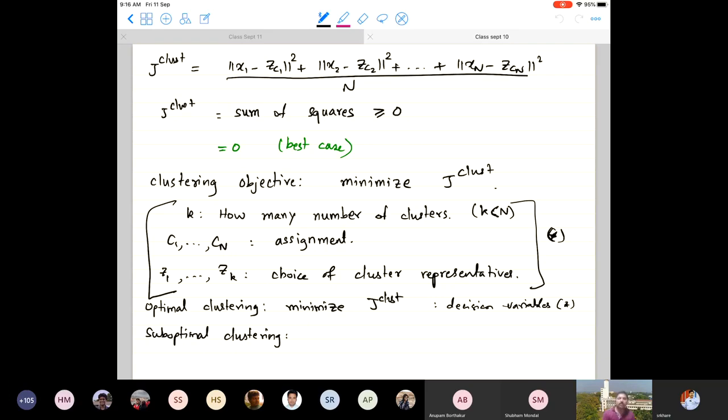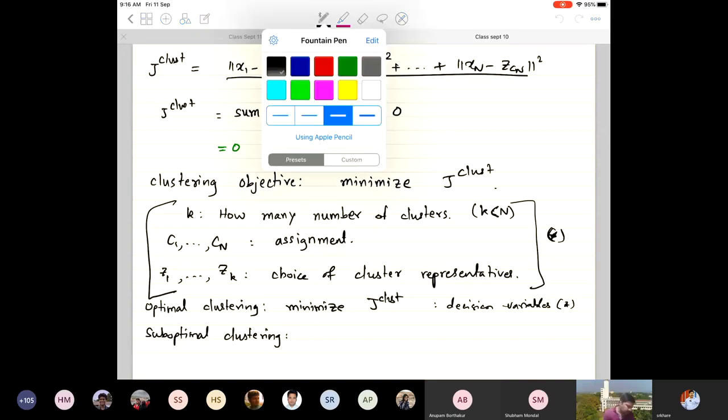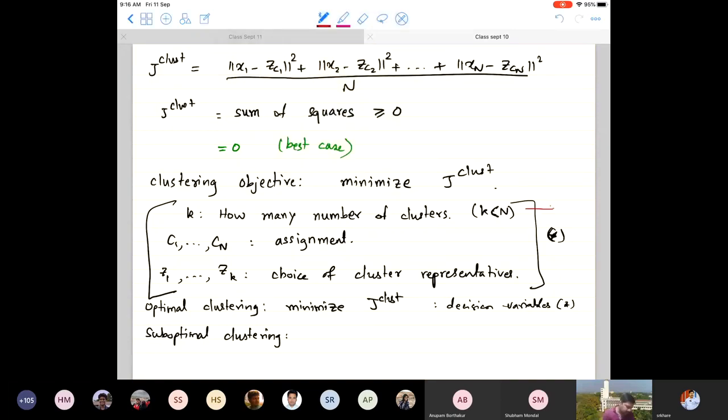This optimization involves three different types of decision variables. The first is the number K, then the cluster representatives. Once you know how many clusters there are, you choose the cluster representatives, and after that you do the cluster number assignment to each of the data points.